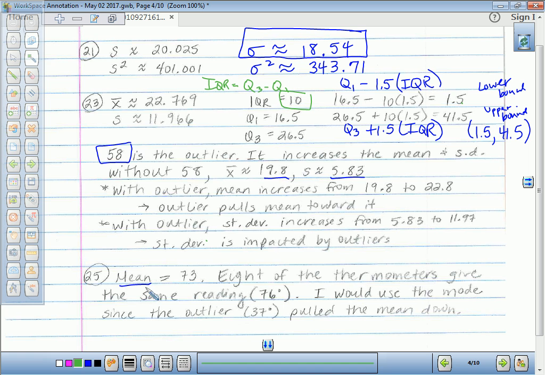So this question says, which measure of central tendency would you be least likely to use in picking a thermometer? Mean, because that 37 pulls the mean down. You would go with probably mode, possibly median, but this question said which one would you not use, and that would be the mean. All right, questions about 25.